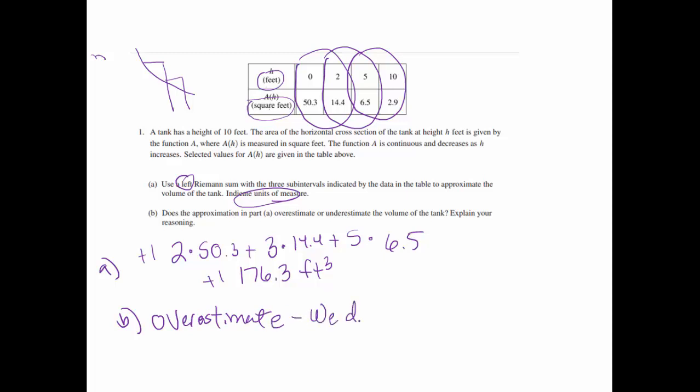I'm just going to say we did a left Riemann sum, and A of h is decreasing. So for those 2 reasons, it's going to be an overestimate. So that was just worth 1 point.